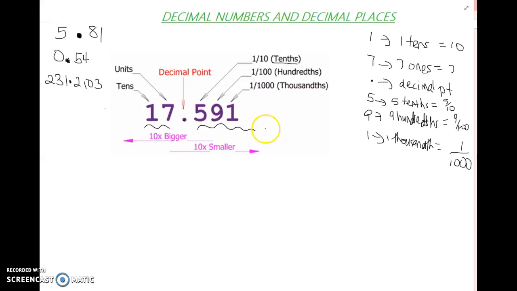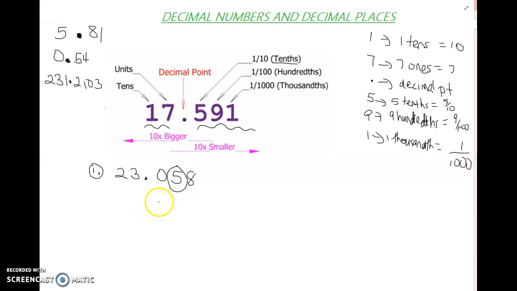So let's look at something else here now. What if I had 23.058? What is the value of, let's say, the 5?